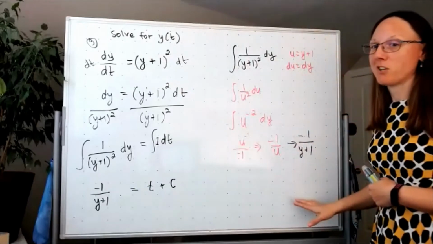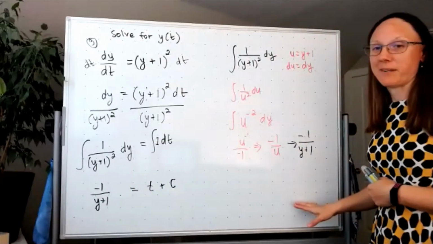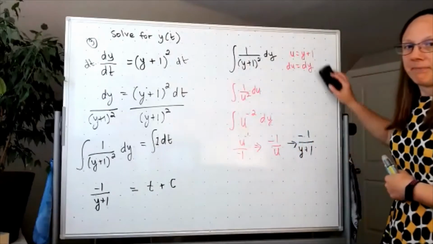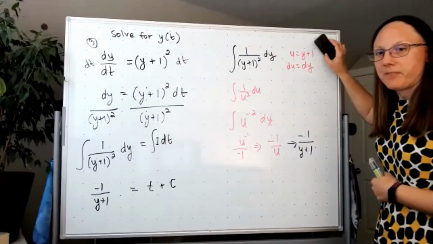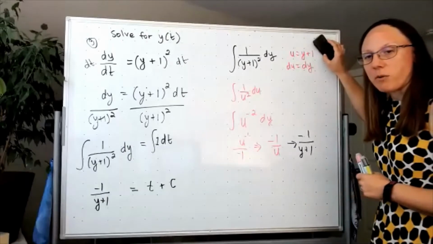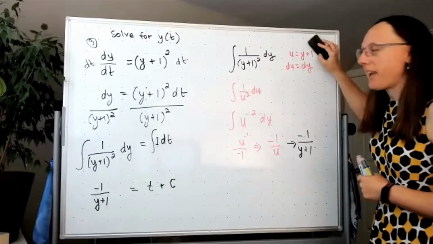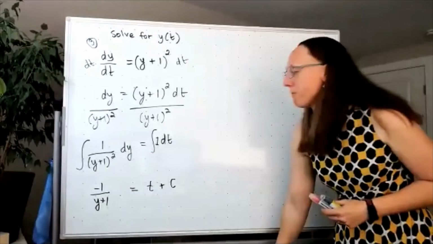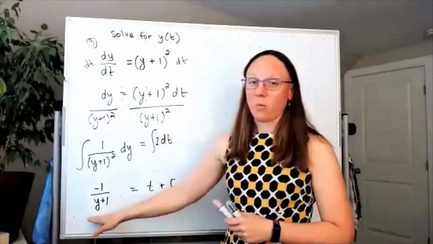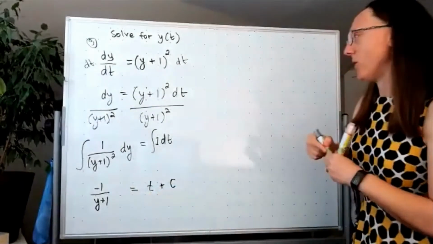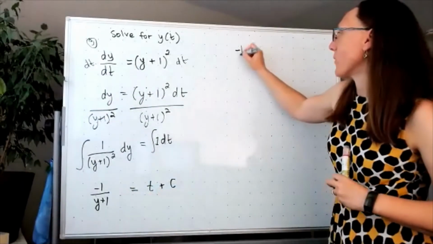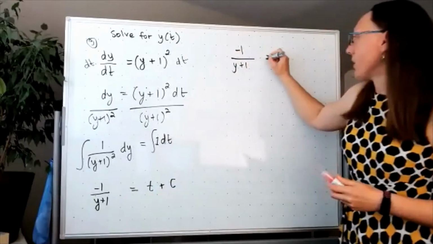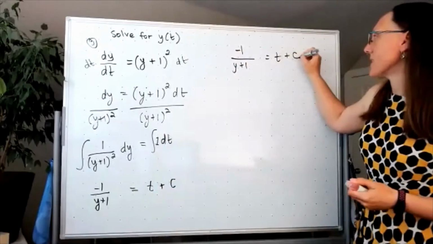I'm going to erase my u substitution just to give myself more space to work on the algebra. Going once, going twice. Take a screenshot if you want it. So to get that y by itself, let me go ahead and rewrite it over here. So I've got negative 1 divided by y plus 1 equals t plus c.